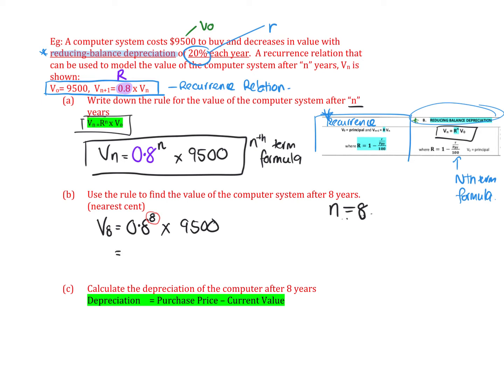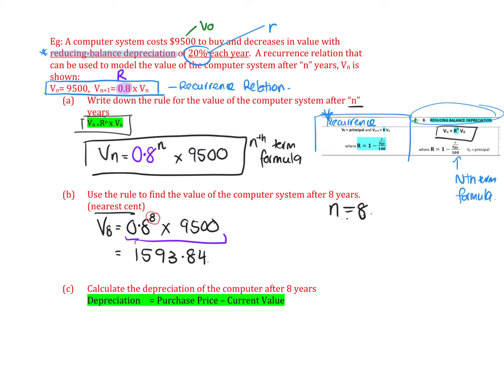All you have to do is type this bit into the calculator and you'll get the answer of 1,593. Now it said to the nearest cent, so how many decimal places does that mean? 2, good. It's depreciated, which means it should have gone down in value, so it definitely has.